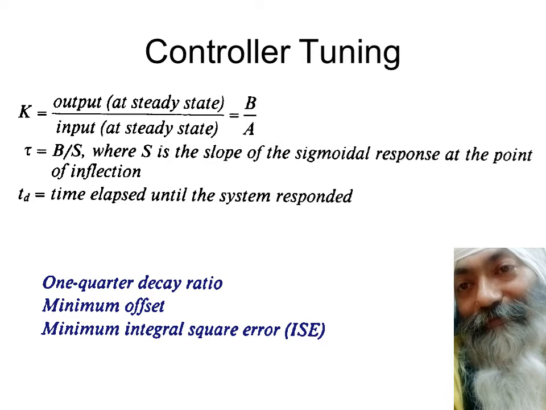So in case of P, you go in for a minimum offset kind of technique, whereas in case of PI and PID, you can apply ISE. Using this criteria, they came up with something very eye catching and simple to use, as we shall see in the next slide.